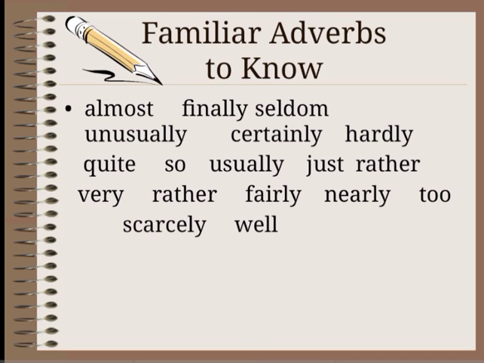For example, unusually, here the word ends with lly, so it is called an adverb. And certainly, here the word ends with ly, this is called an adverb. So this is an easy method. If we use any adverb in the sentence, you can easily identify it through the keywords ly and lly at the end of the word. So these are the effective parts of adjectives and adverbs.